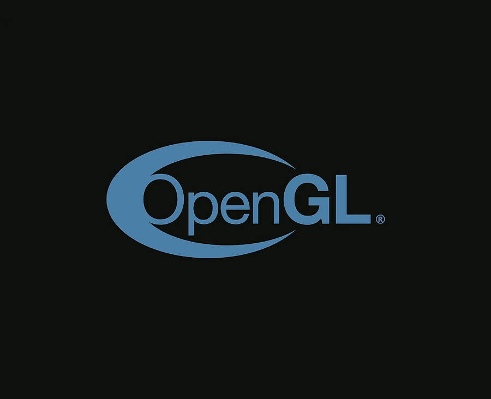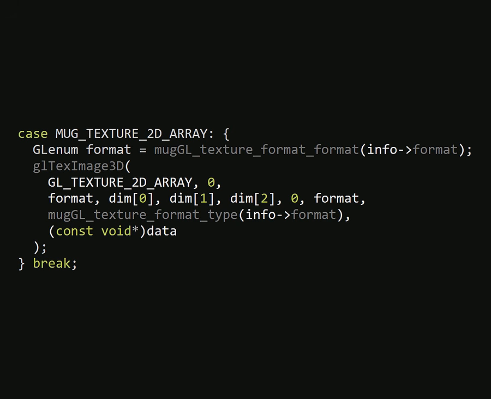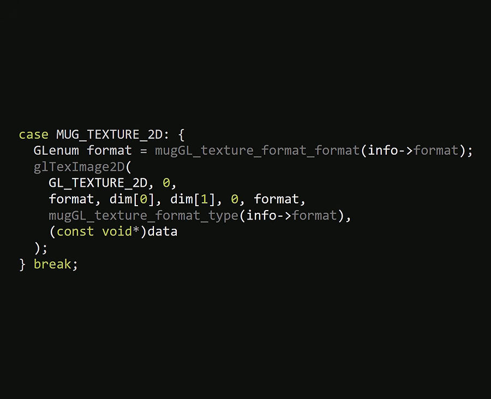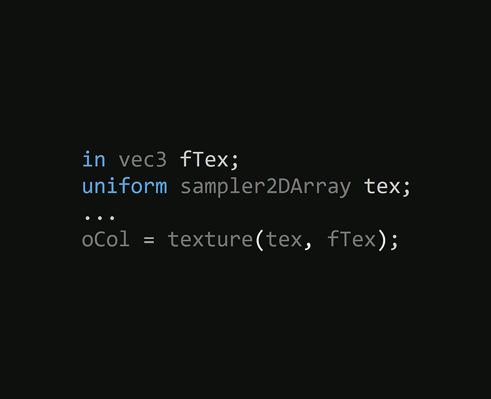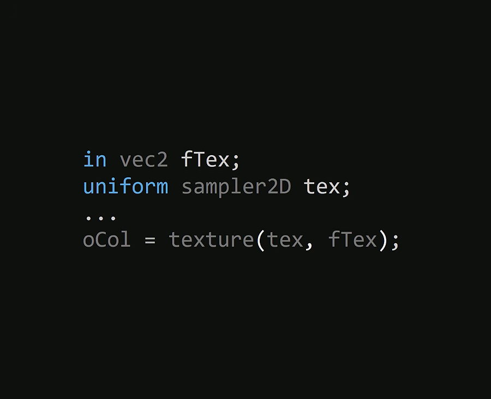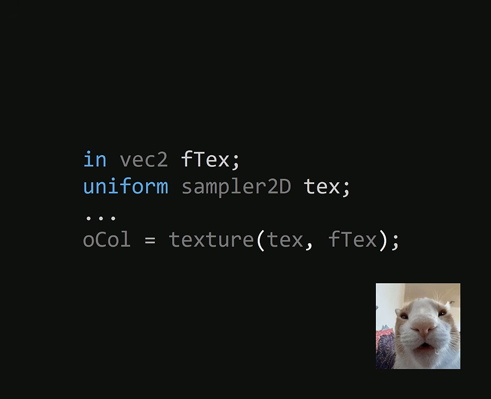Implementing all of this in OpenGL was super easy. The process for creating a texture array in OpenGL is almost exactly the same as creating a normal texture, and the process for sampling from a texture array in GLSL is almost exactly the same as sampling from a normal texture, so the whole process required very little new unique code overall.